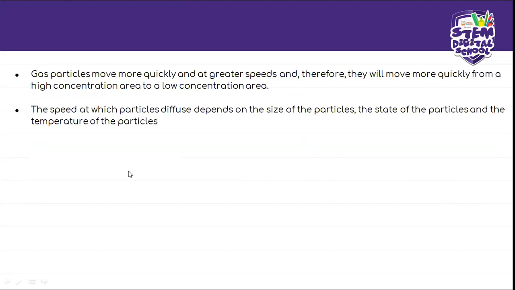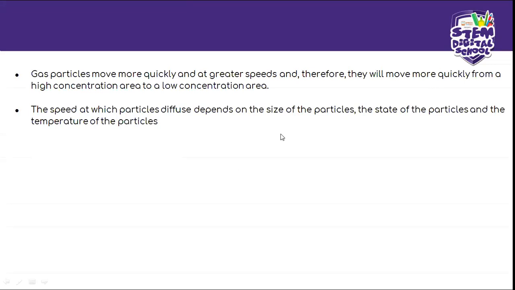And then we're saying the speed at which particles diffuse depends on the what? Size of the particles. So the state of the particles, and then the what? The temperature of the particles. So it means these are conditions that affect what? Diffusing.